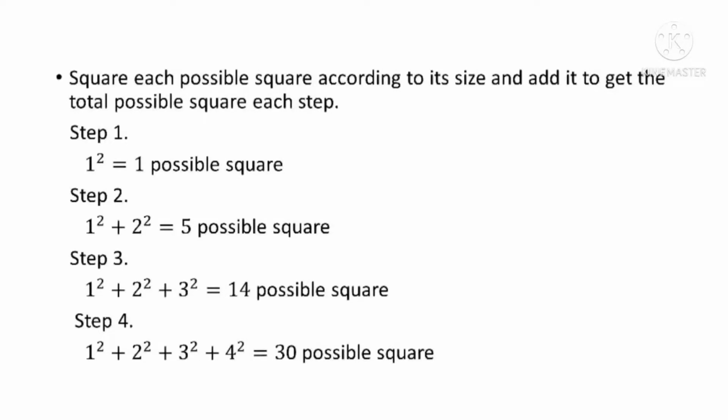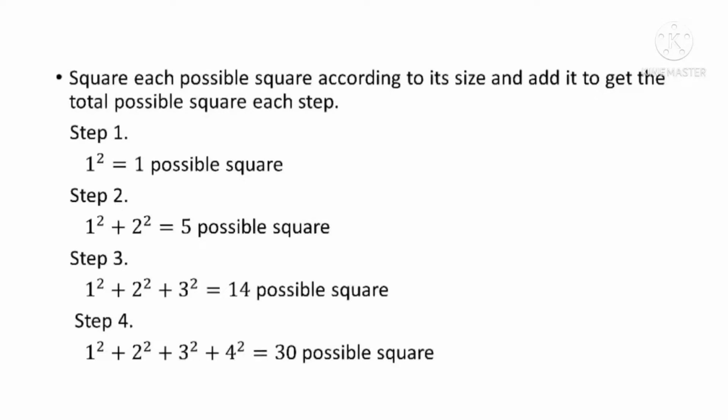So, step 2 is may dalawa tayong size na drawn, which is yung 1 by 1 and 2 by 2. So, 1 squared plus 2 squared is equal to 5 possible squares. Sa step 3, may tatlo tayong size na square, yung 1 by 1, 2 by 2, and 3 by 3. So, squared natin tong mga to. 1 squared plus 2 squared plus 3 squared is equal to 14 possible squares.